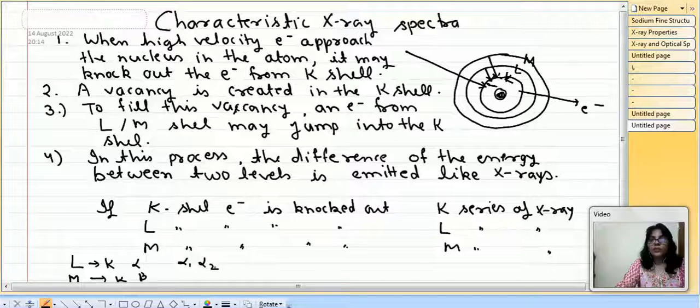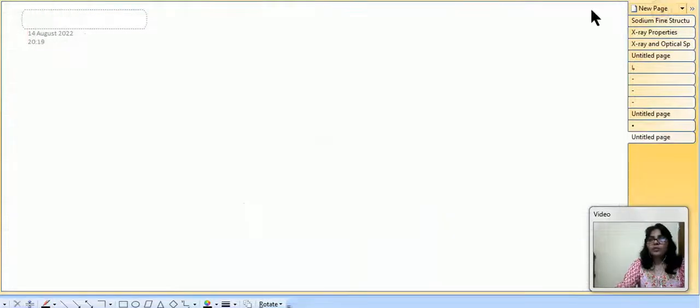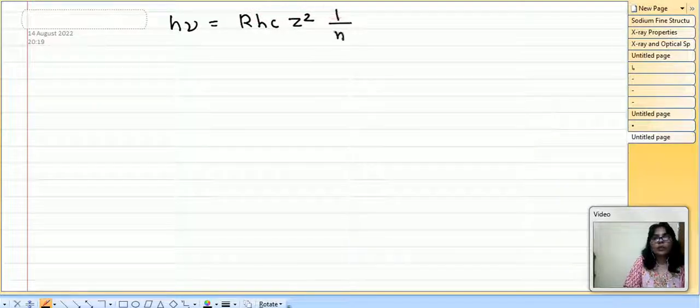So all this about the characteristic X-ray spectra, and then we can also write the equation for the frequency using the equations of the previous lecture. So there we had the expression that h nu is equal to R h c Z square into 1 upon n1 square minus 1 upon n2 square.